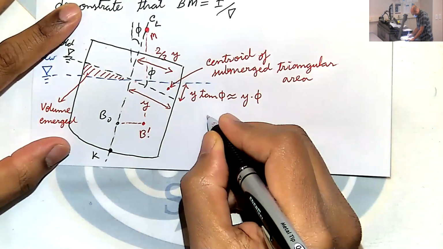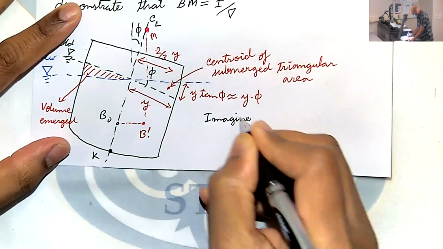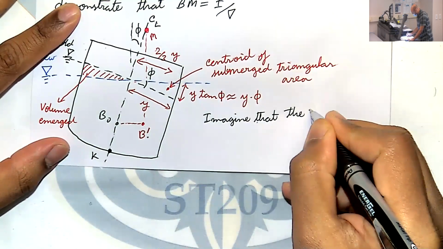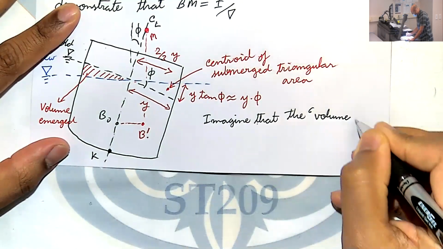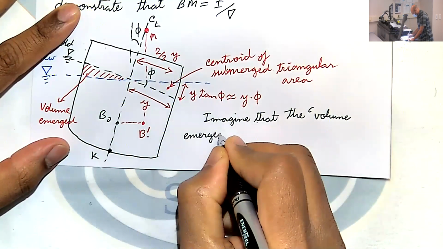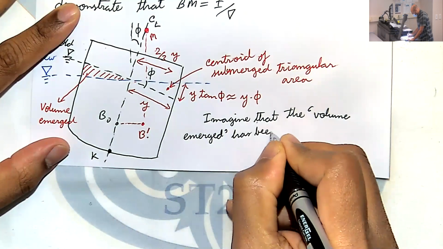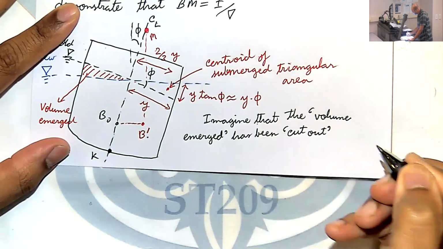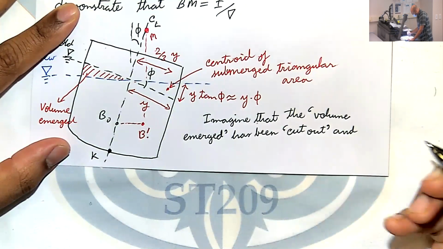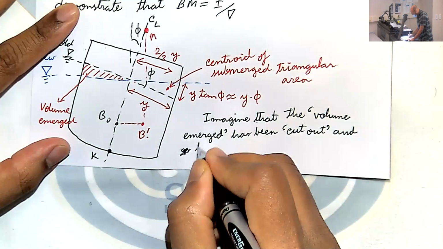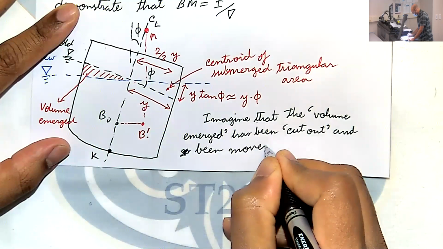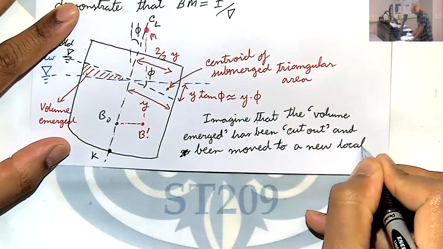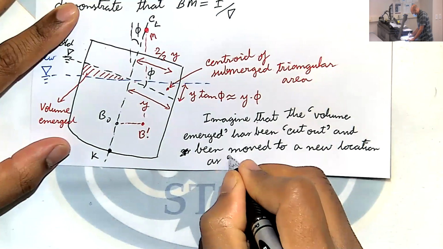Imagine that the volume emerged has been cut out, well, cut out in quotes, and moved to a new location as volume submerged.